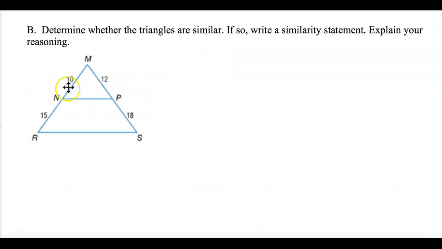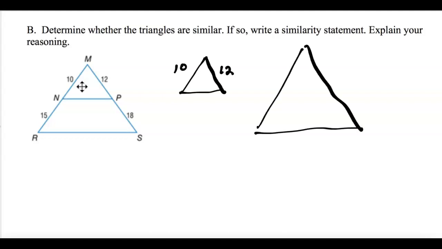So when you have triangles like this that are kind of overlapped, I'd suggest drawing them out so that you have two separate triangles. You can look at their corresponding parts then. So I have a big triangle here, and this whole side is going to be 10 plus 15, so that's going to equal 25.